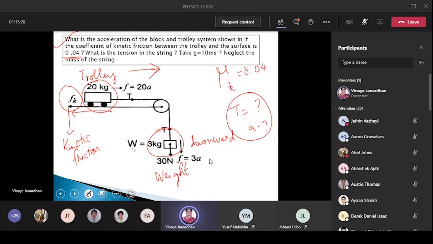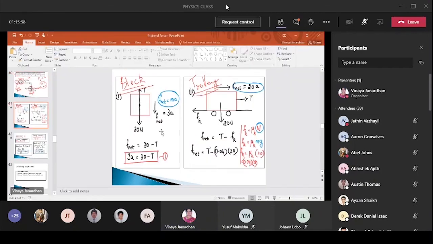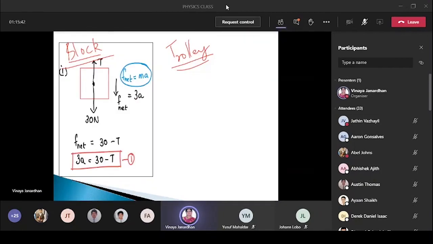Now we'll go for the first one, for the block. For the block, let us draw the free body diagram.